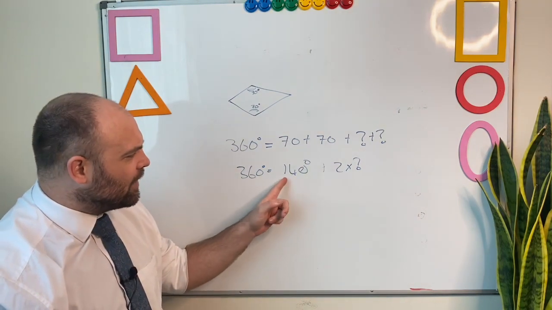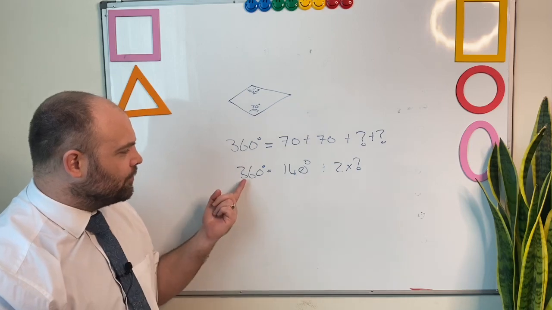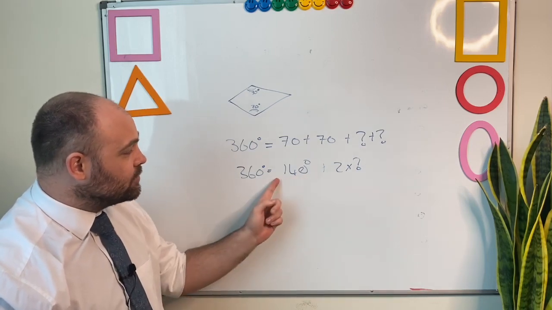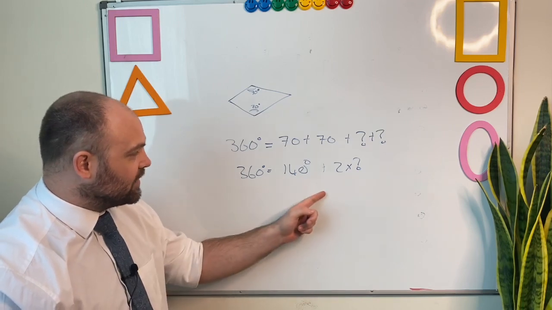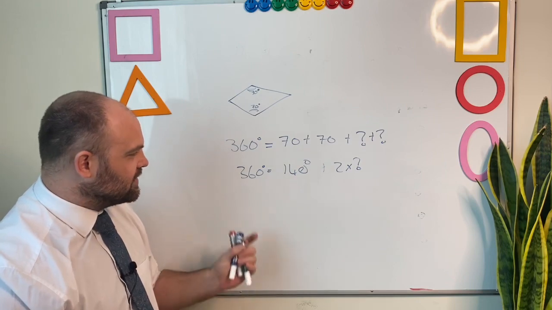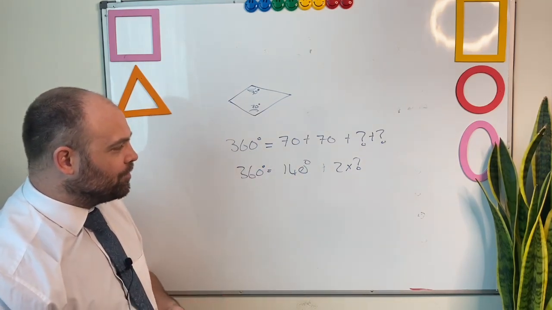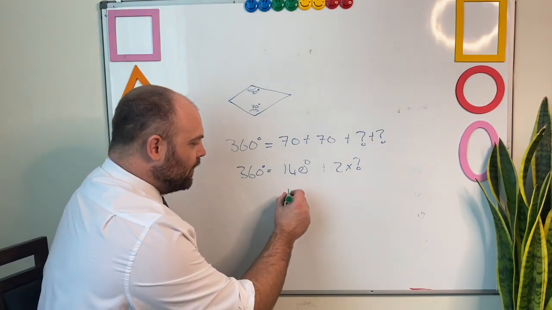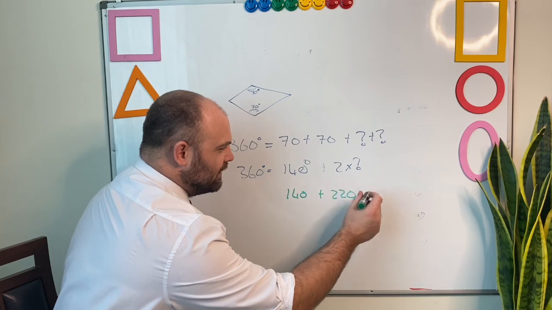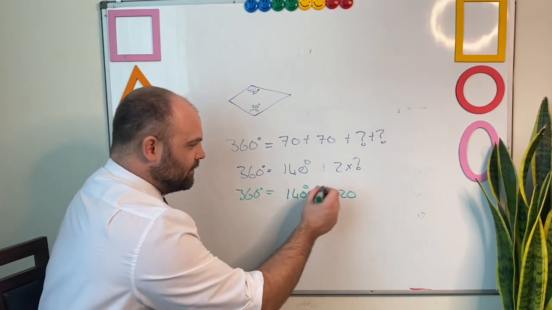So how do I get from 140 to 360? Well, I know that I'd have to add 20 to get to 160, and then I need to add 200 to that to get to 360. So I know that 140 plus 220 is equal to 360 degrees.